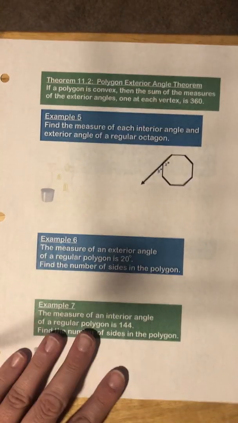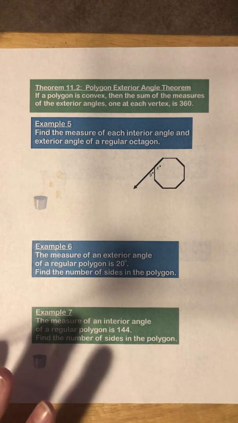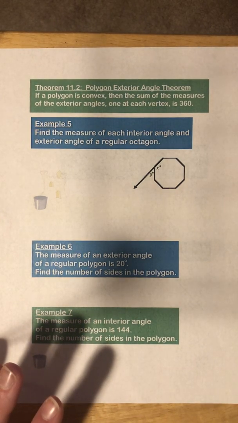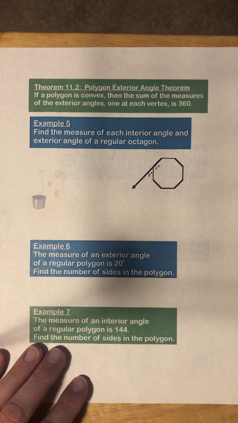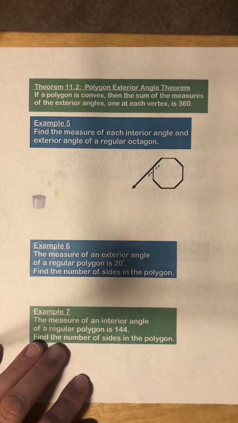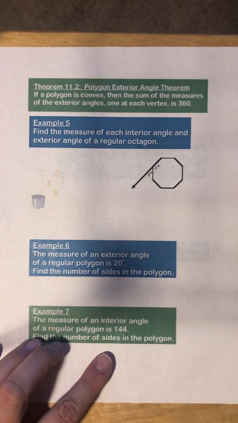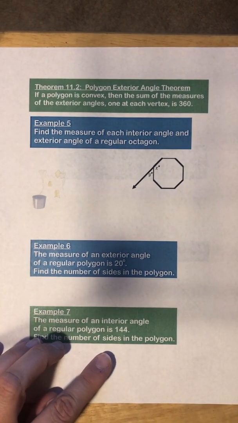All right, so we've talked about interior angles. Now let's talk about exterior angles. And this is the polygon exterior angle theorem. It says if a polygon is convex, then the sum of the measures of the exterior angles, one at each vertex, is 360. This is true regardless of what shape you have.